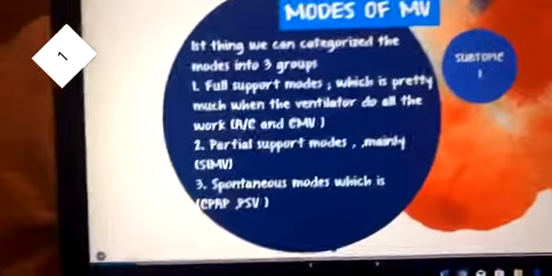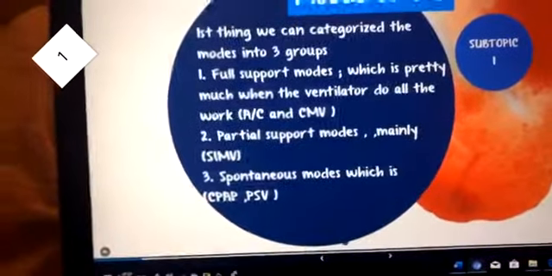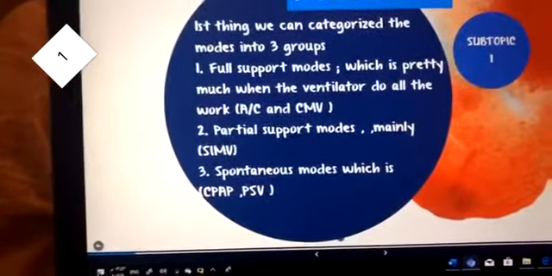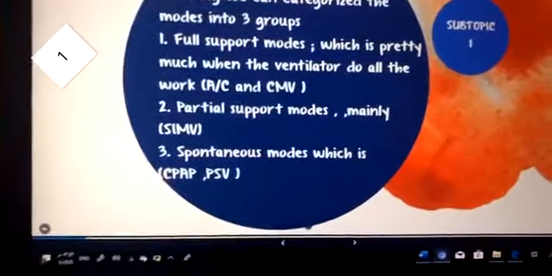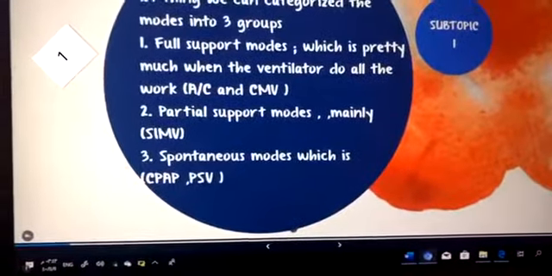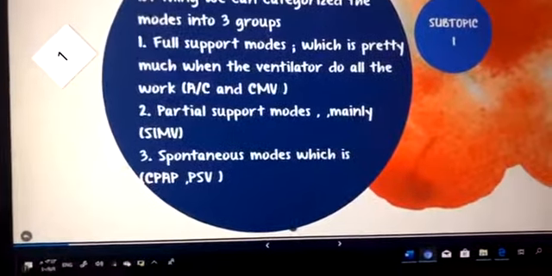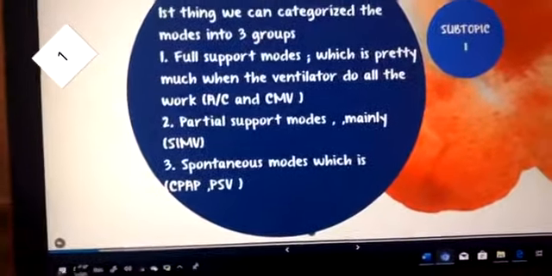The full support stands for when the ventilator does all the work, like for example AC and CMV. And we have the partial support modes, which mainly stand for the SIMV. And also we have spontaneous modes, which are CPAP and pressure support ventilation.